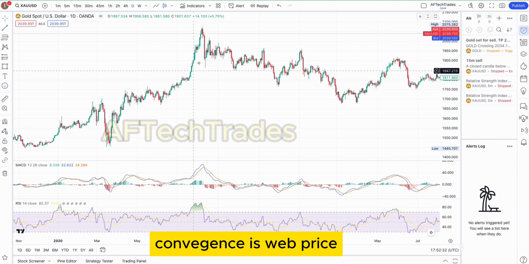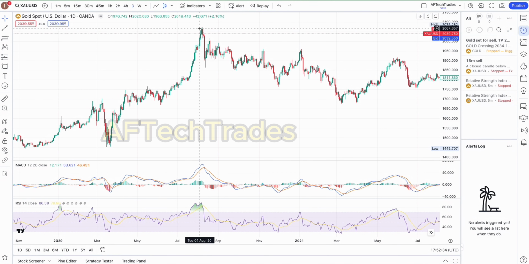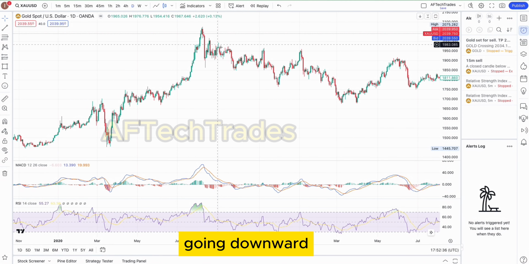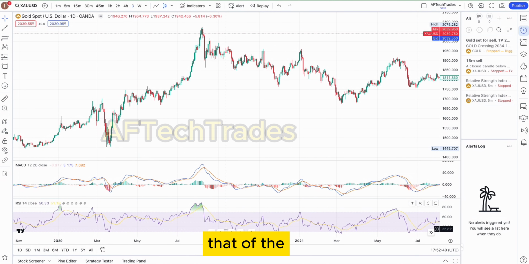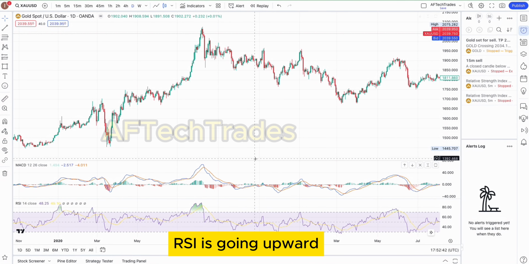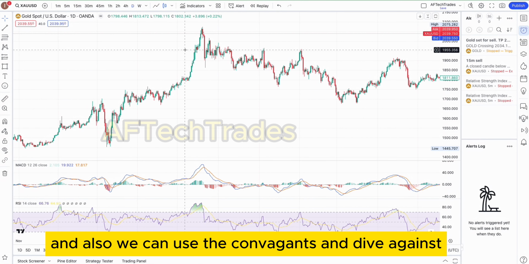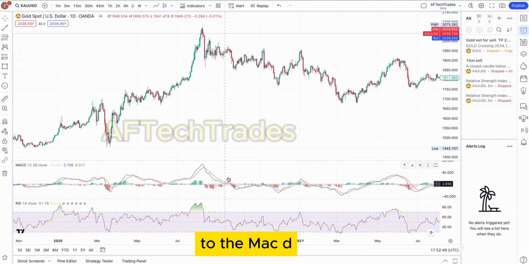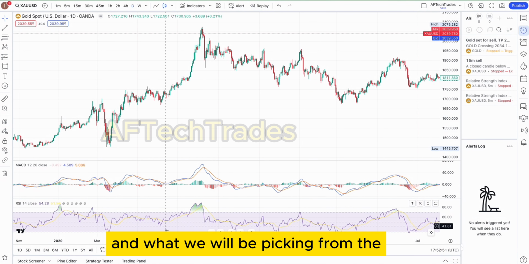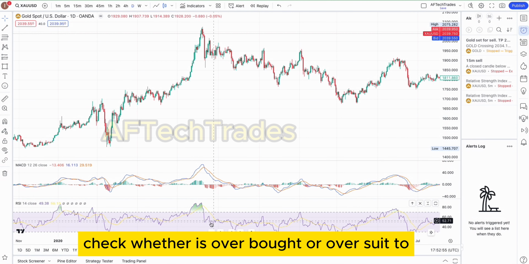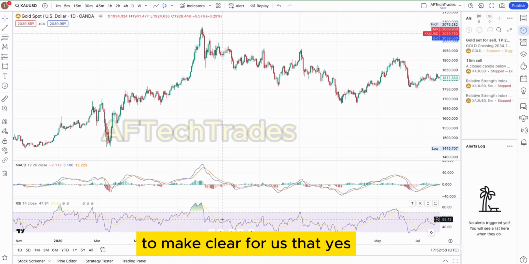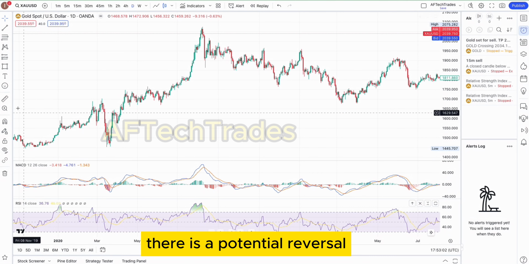Convergence is where the price action is going downward and that of the RSI is going upward. We can also use convergence and divergence through the MACD, and what we will pick from the RSI is just to check whether it's overbought or oversold, to make clear that yes, there is a potential reversal.